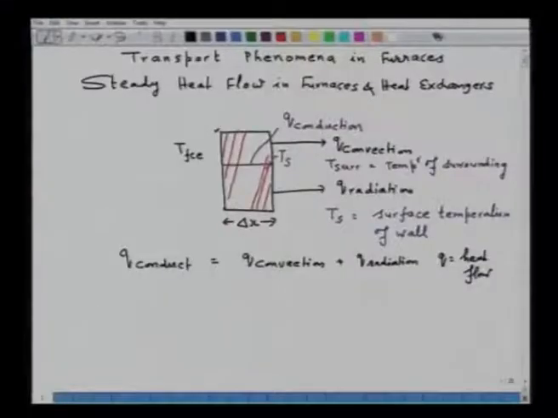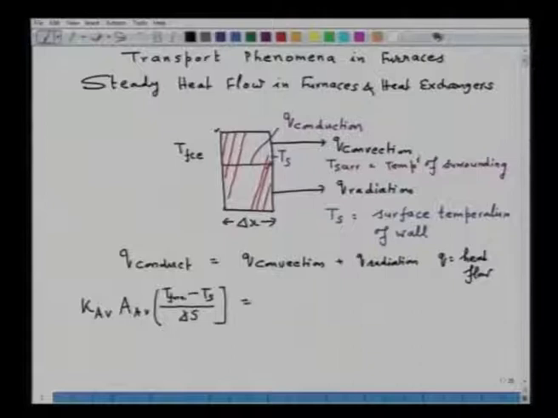We can write down average thermal conductivity into average area, into T furnace minus Ts upon delta x, that is equal to the heat transfer coefficient.